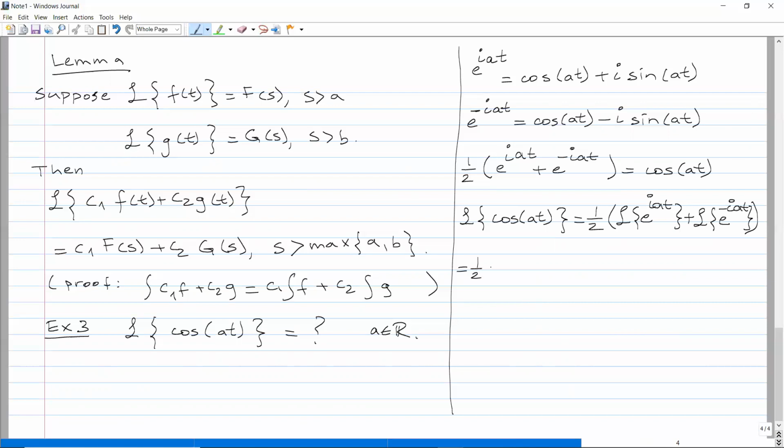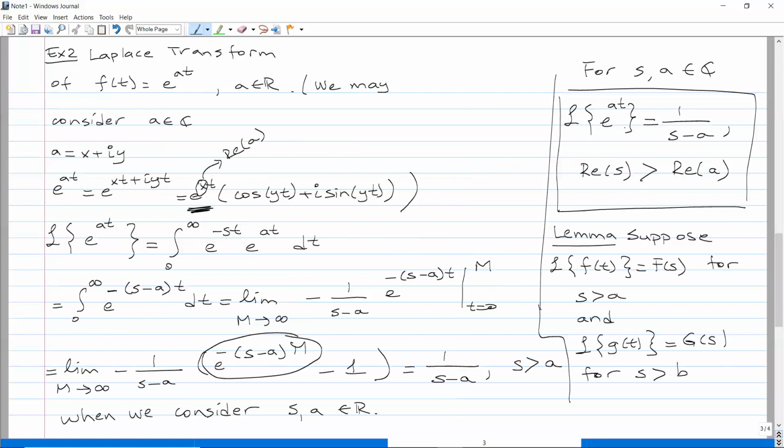Now, by example 2, the Laplace transform of e to the iat is 1 over s minus i a. Let me remind you, for e to the at, coefficient a of t becomes s minus a in the Laplace transform.